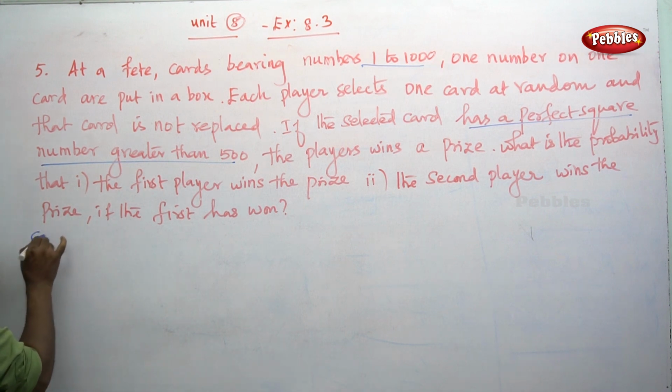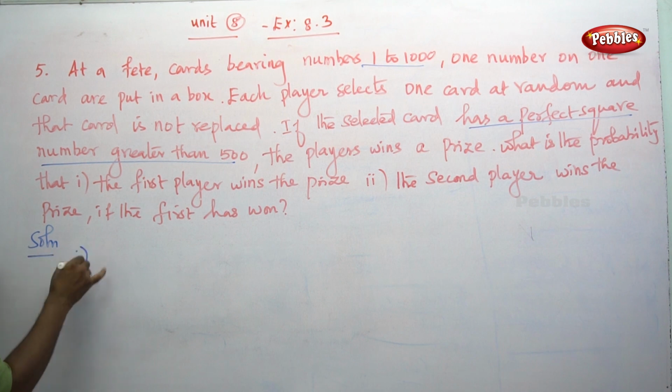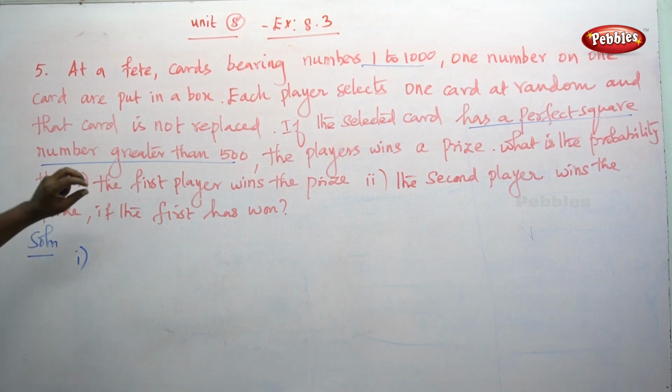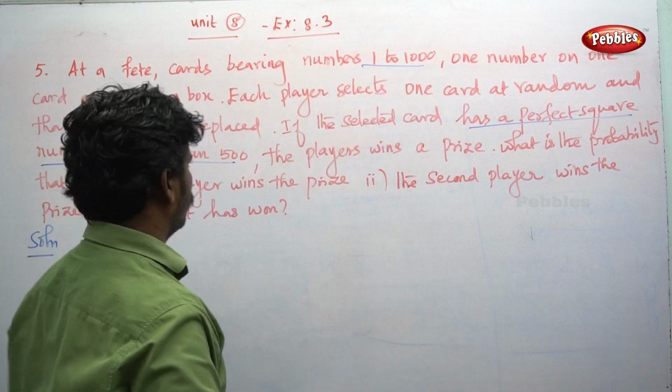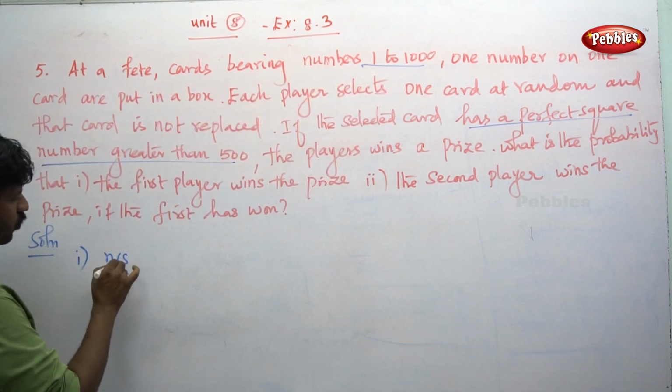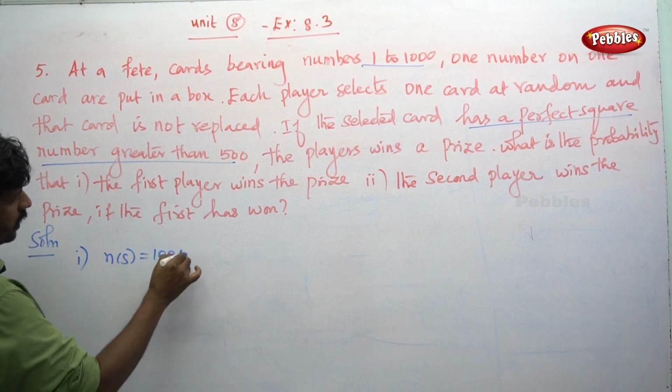So see the solution, the first point. Look at what is given: totally numbers 1 to 1000. So here N of S is equal to 1000, right?